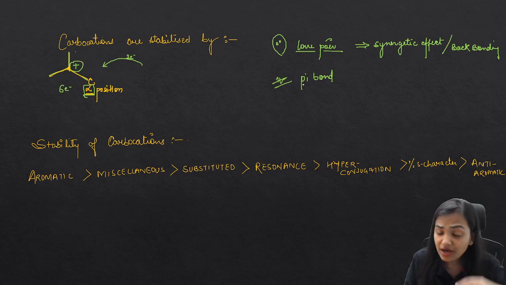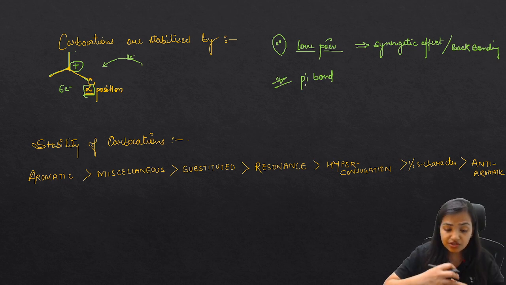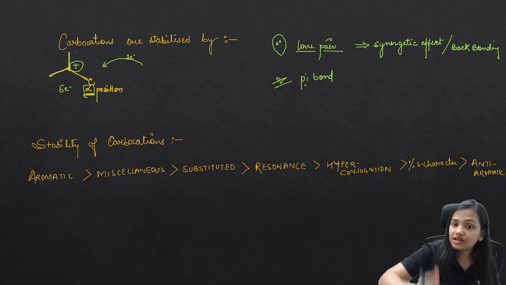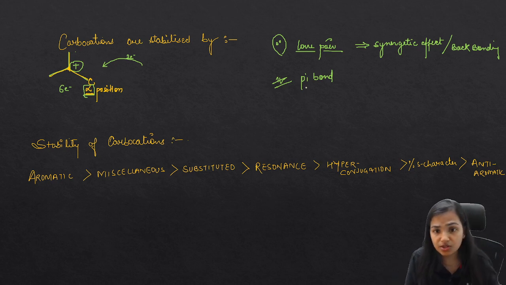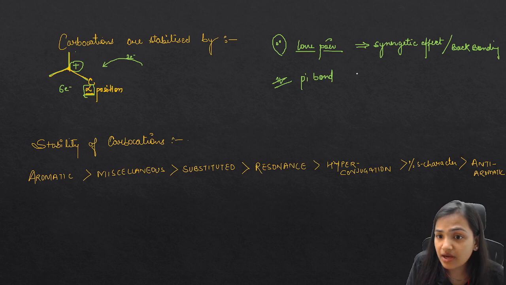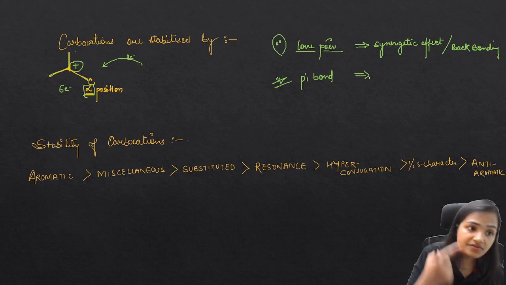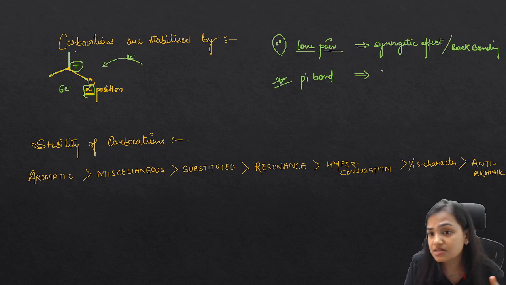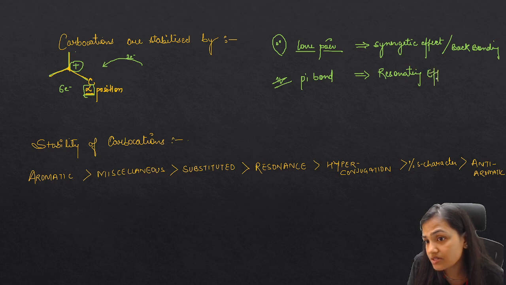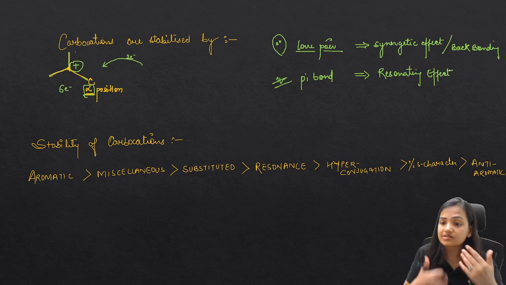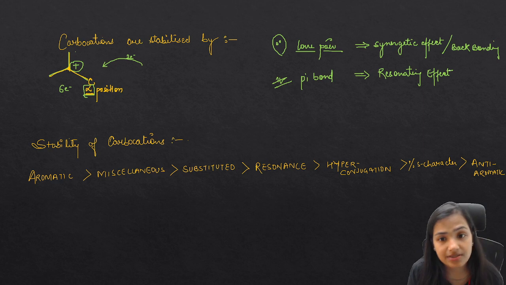This pi bond is a weak bond which can easily be broken and can give its electron pair to the carbon with a positive charge, and so it leads to stability. When a pi bond gives its electrons to the positive charge, this is said to be resonance. This can be done by the resonating effect, and there will be stability.